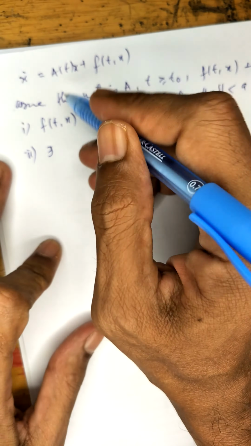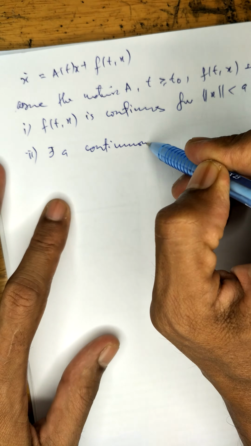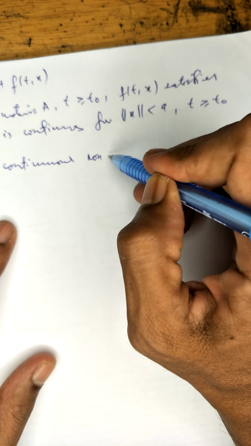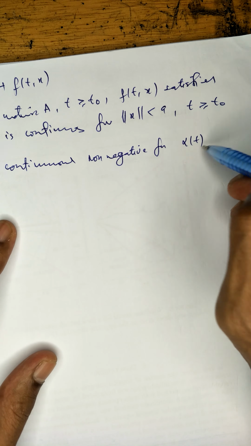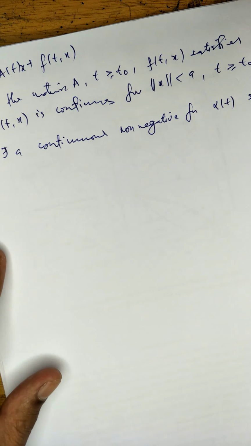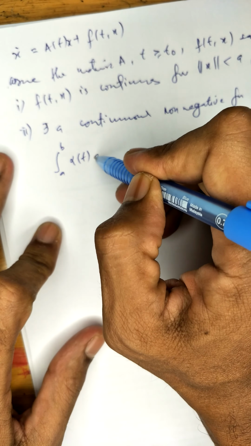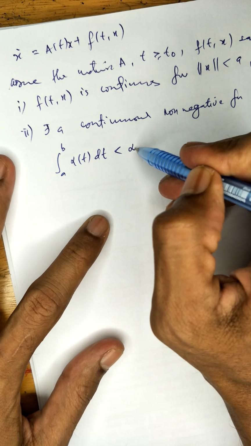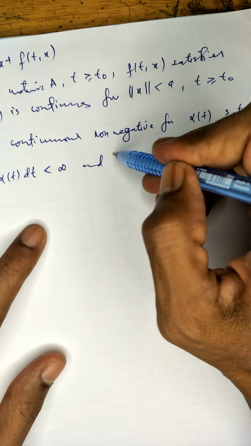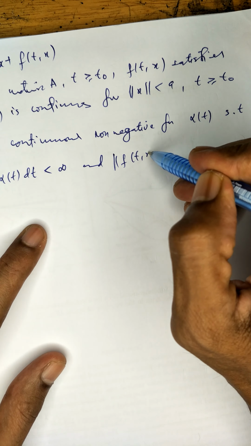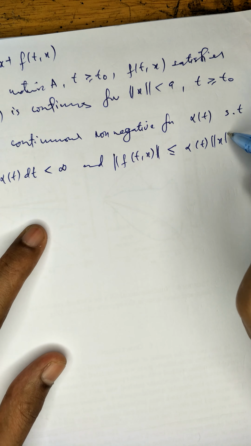there exists a continuous non-negative function alpha(t) such that the integral from a to b of alpha(t) dt is less than infinity, which means it is integrable, and the norm of f(t,x) is less than alpha(t) times norm of x.